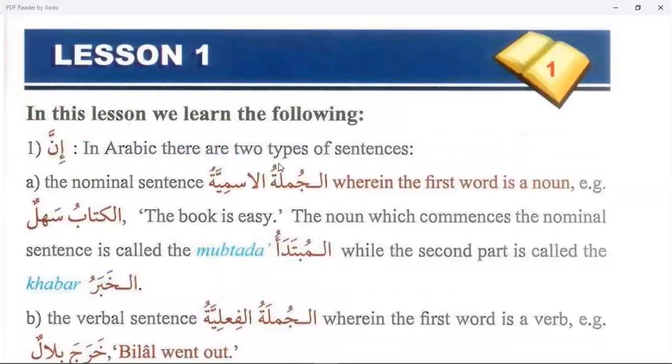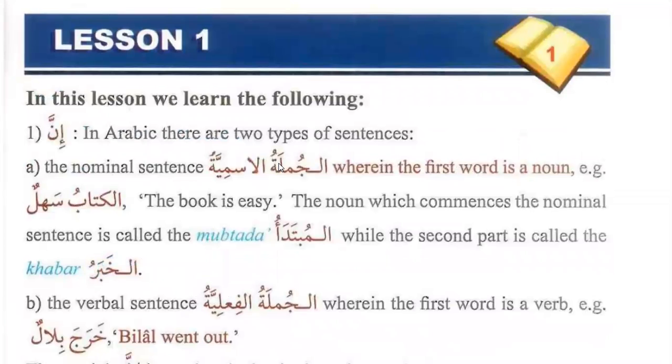Okay. In this lesson, we learn the following. In Arabic, there are two types of sentences. The nominal sentence, jumla ismiya, wherein the first word is a noun, e.g., al-kitabu sahlun. The book is easy.